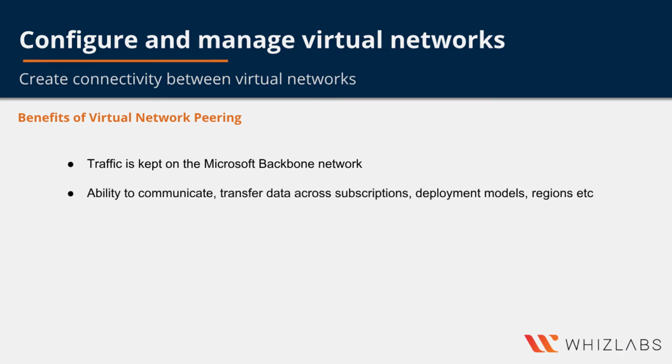With peering, you can communicate and transfer data across different subscriptions, across different deployment models, and across different regions. And there is no downtime to resources in either virtual network when creating the peering or after the peering is created. So let's look at a demo.